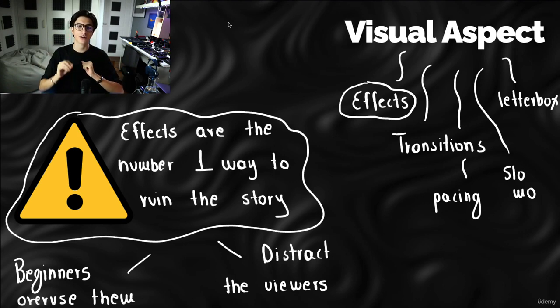And a very common characteristic of beginners is the fact that beginners tend to overuse effects. They become very excited by all the different variability that they have in effects, and they just add effects everywhere, and this completely ruins the visual aspect of their B-roll. So please be careful with effects. Simple is, again, the best way to go with effects. Don't ruin the story and don't distract the viewers.